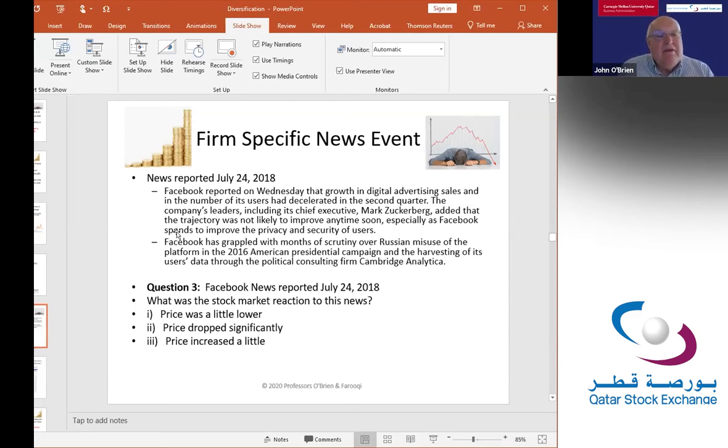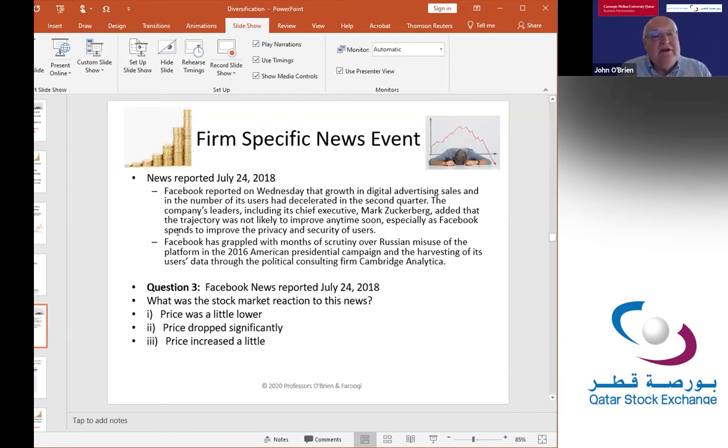There are a lot of firm-specific events every day reported in the financial press. In fact, on July 24th, 2018, Facebook, which you're aware of and probably use, reported on Wednesday that growth in digital advertising sales and in the number of its users had decelerated, in fact, increasing at a decreasing rate, in the second quarter.